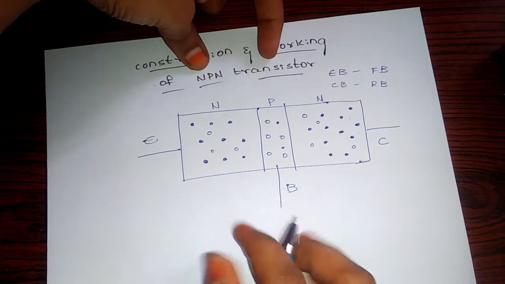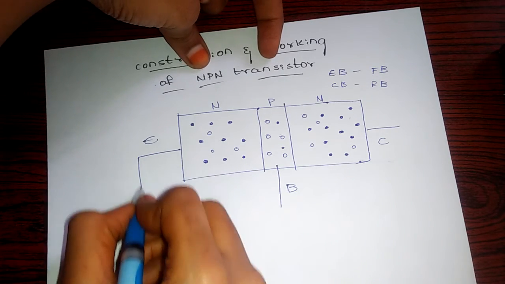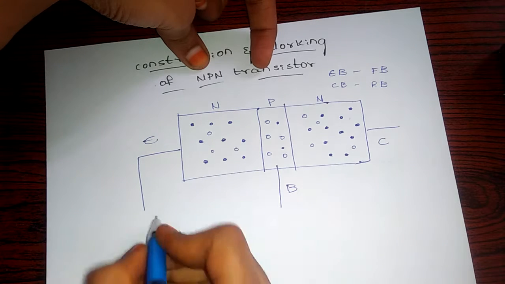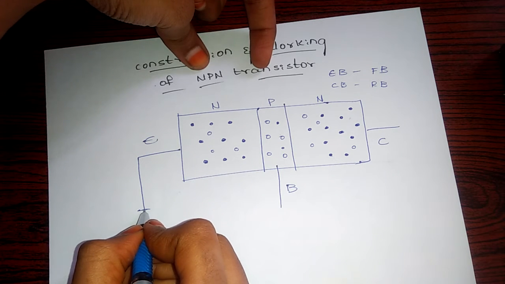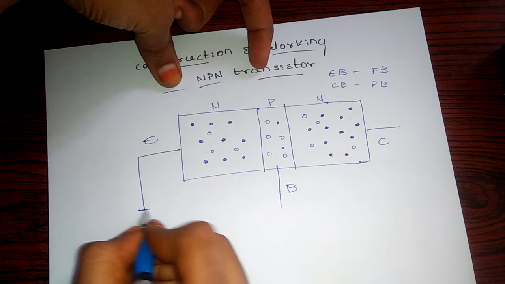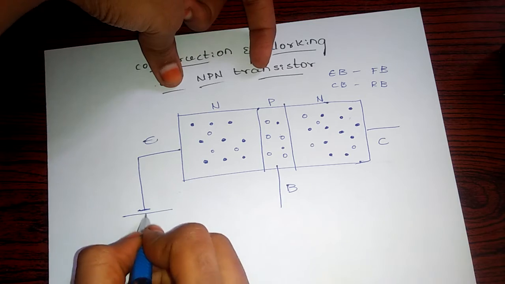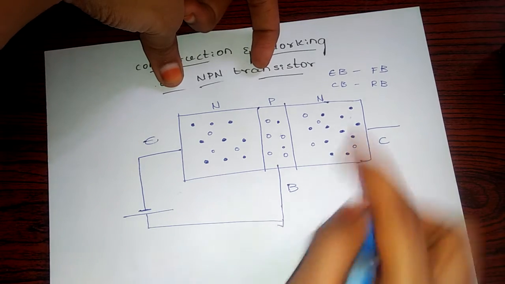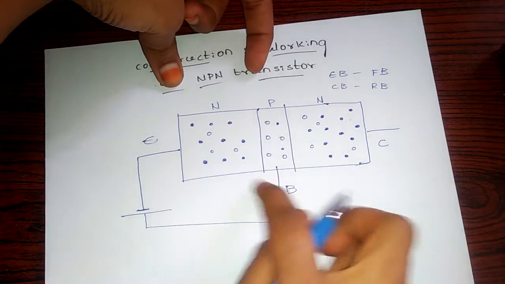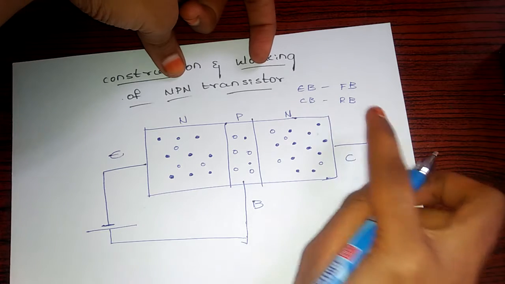So how do we give the biasing? As it is N type, we connect the emitter to the negative terminal of the battery and the base to the positive, which is a forward bias in NPN. Then how do we reverse bias?